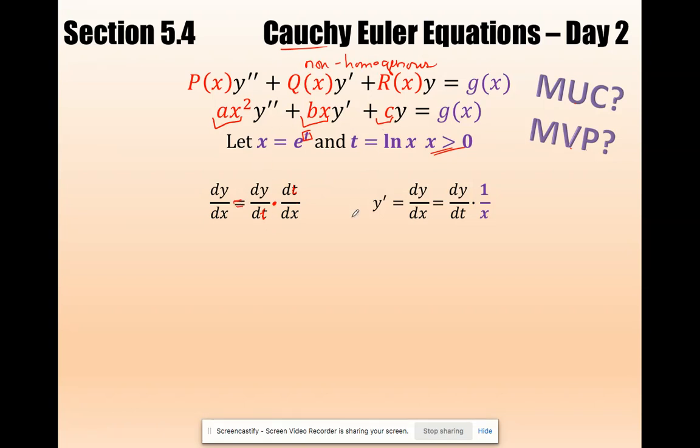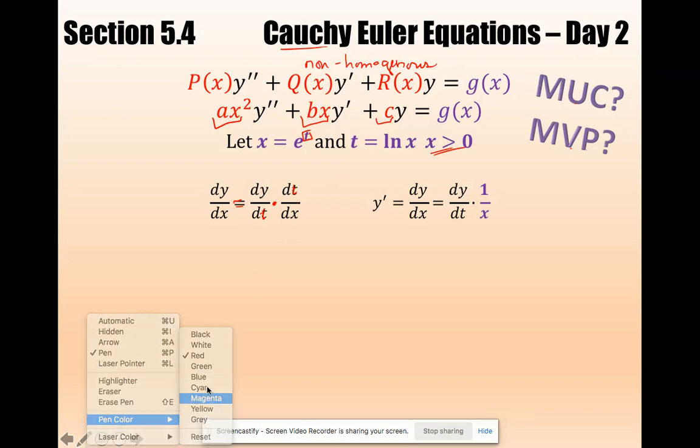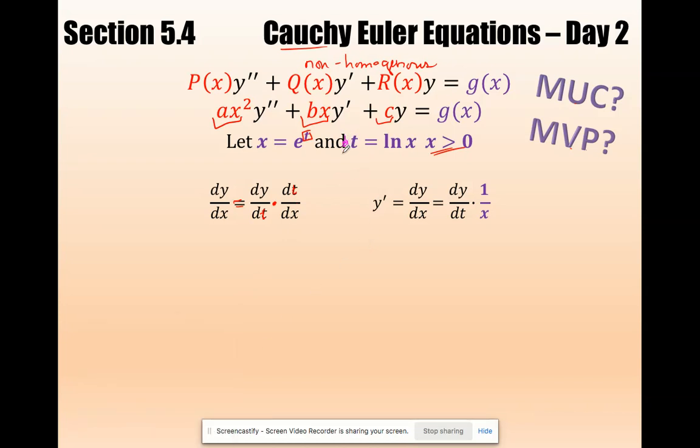But look up here in purple. I can find the derivative of t with respect to x, can't I? Do you see that? Here's t. What is the derivative of t with respect to x? Well, that's 1 over x. So I just took this equation and I replaced dt over dx with 1 over x.